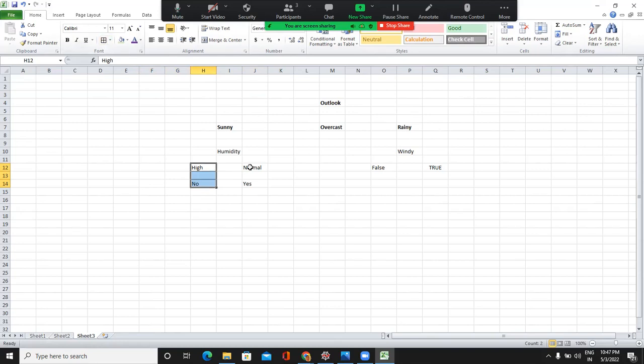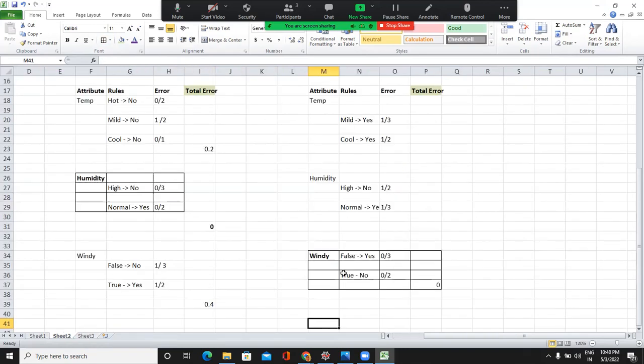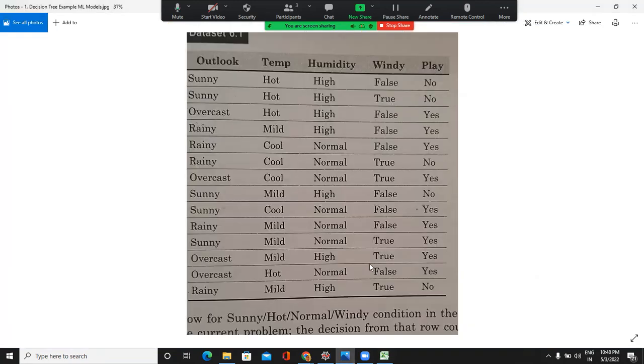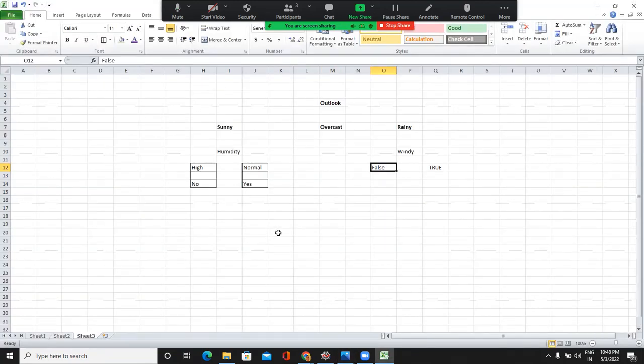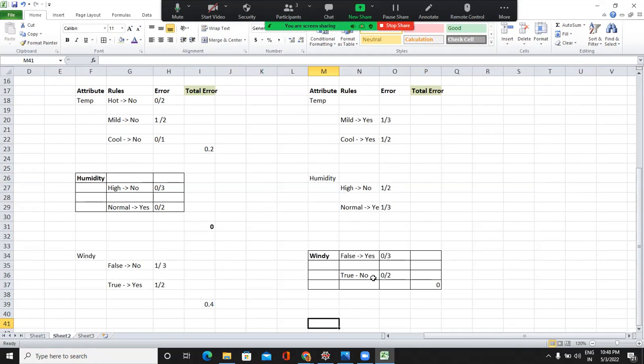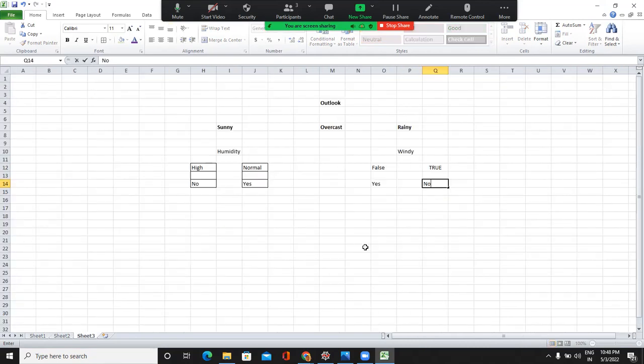This is one leaf node. This is another leaf node. Then if windy is false, then yes will be the rule. And if windy is true, then no will be the rule, because it gives zero error. Again, these are the leaf nodes.